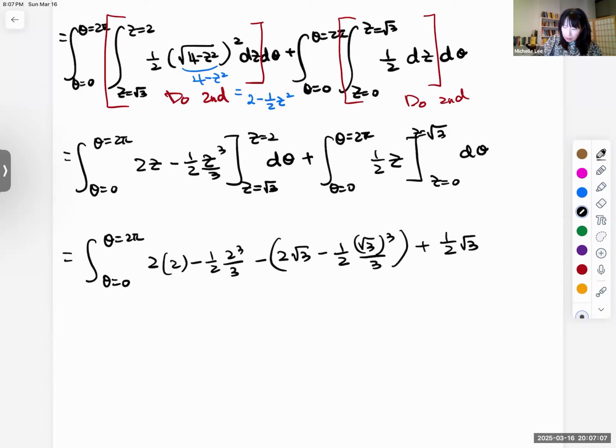Good. And then theta, plus theta evaluated from theta equal to 0 to theta equal to 2 pi.